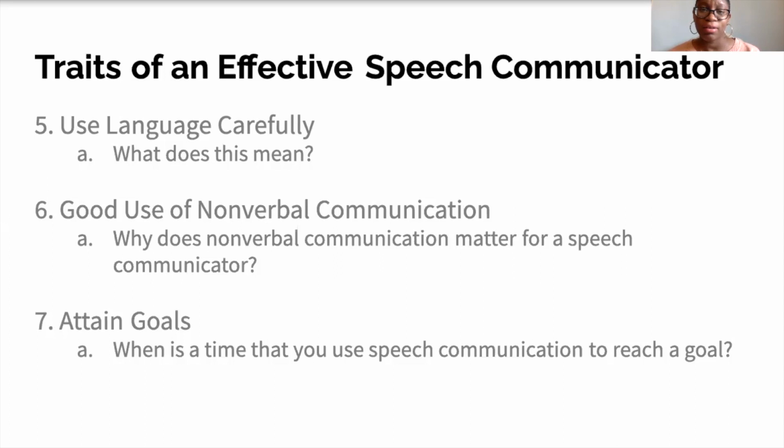What do you say? Are you able to attain the goal of going to the store or to that friend's house or a relative's house? That's how you are able to become an effective speech communicator. Are you able to persuade someone to side with you? All of those are things to think about, okay?